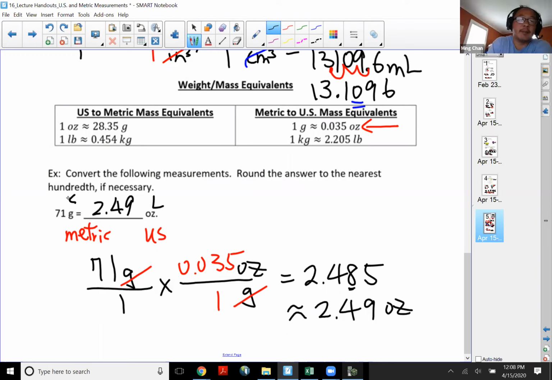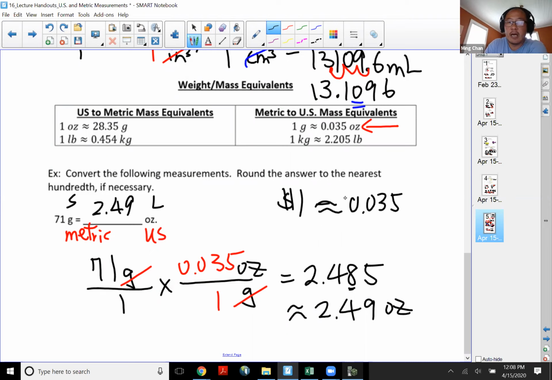Very good, because it makes sense that converting from a small unit to a large unit, I would need a small number. There you go. So imagine this 1 gram is like $1 USA is equivalent to 0.035 dollar somewhere.